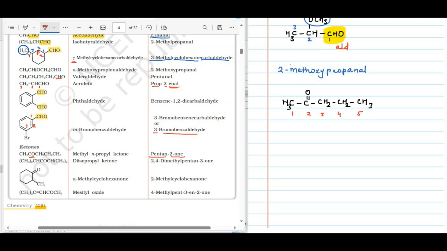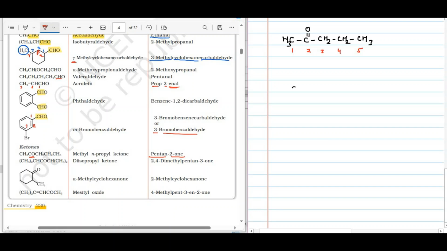Now come to the next structure. (CH3)2CH-CO-CH(CH3)2. So let's draw the structure of this molecule. This is CH3, single bond CH, again CH3 is there, C double bond O, single bond CH, single bond CH3 and here again CH3. Now select the longest carbon chain that contains the functional group ketone.